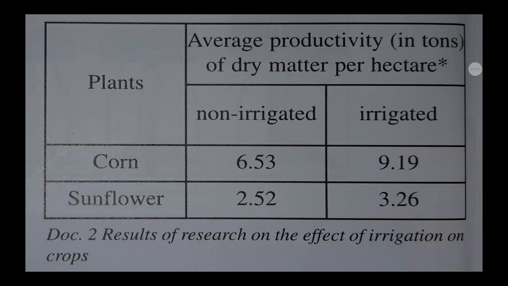Similarly, the non-irrigated sunflower is 2.52 tons, while the irrigated is 3.26 tons. So we can know that irrigation increases the productivity of plants. We should irrigate them. We should water them.